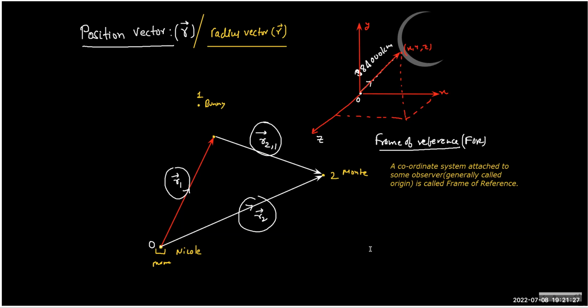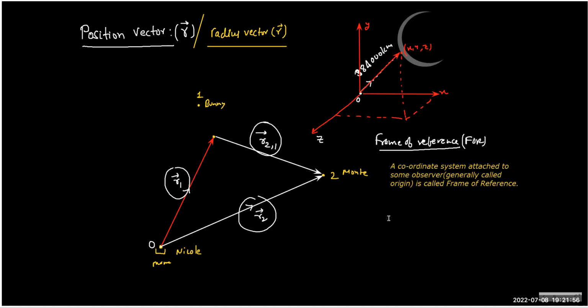And how do we define it? Okay. So how to define the position vector?